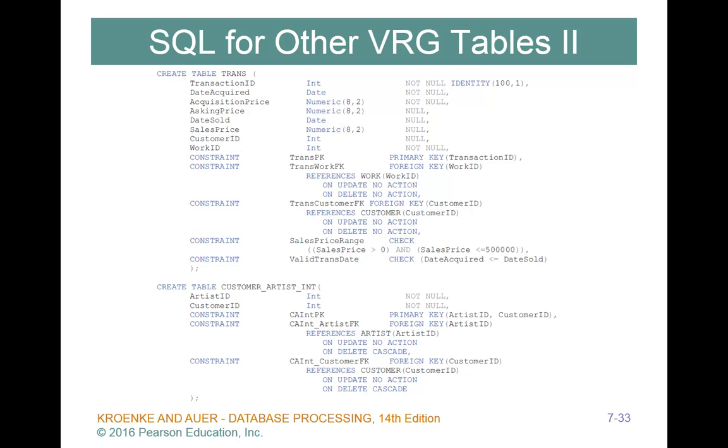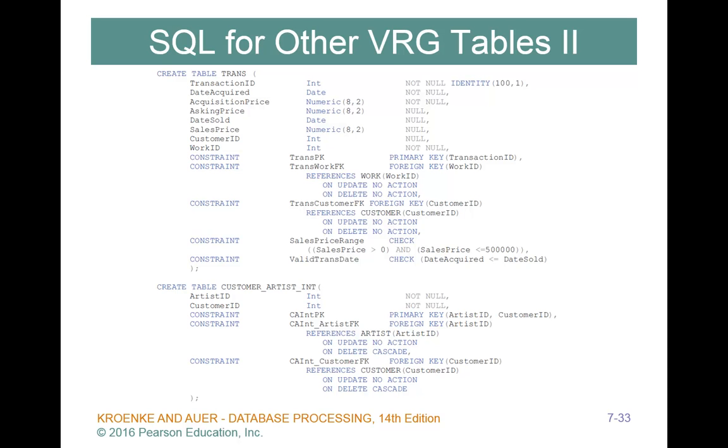Here's the rest of the SQL structural statements, DDL language, to create the rest of the tables in our database based off of what our constraints are. There shouldn't be anything new in this particular table. You can see here we have some additional check constraints where we're making sure that the sales price is greater than 0 and the sales price is less than or equal to 500,000.